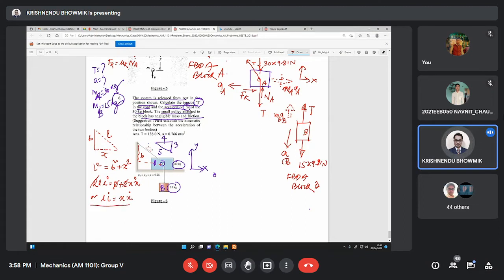Do one second derivative with respect to time. Then L dot square plus L L double dot equal to x dot square plus x x double dot. Now it has started from rest.